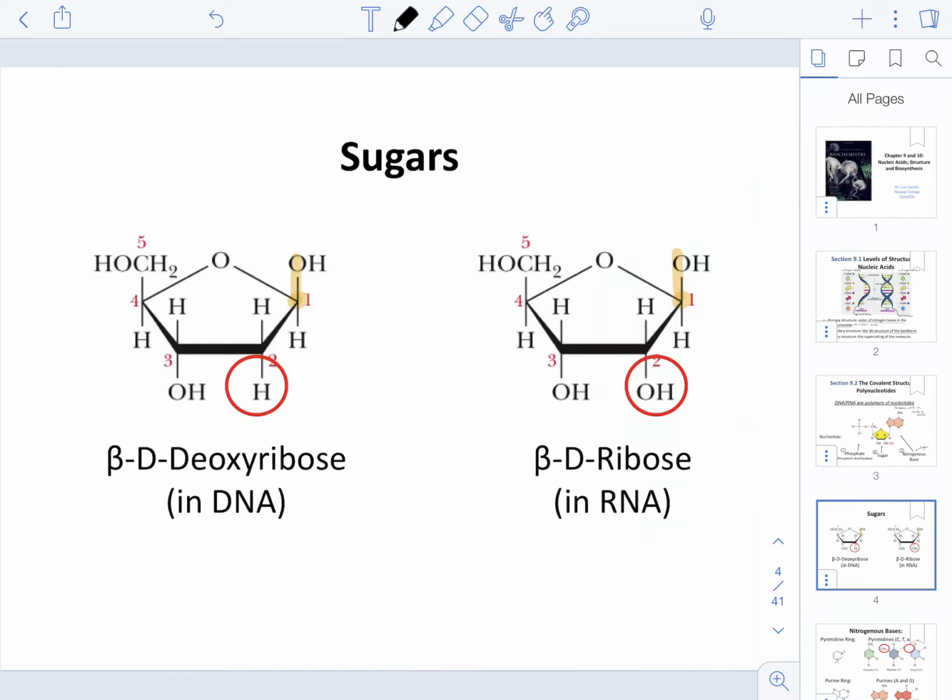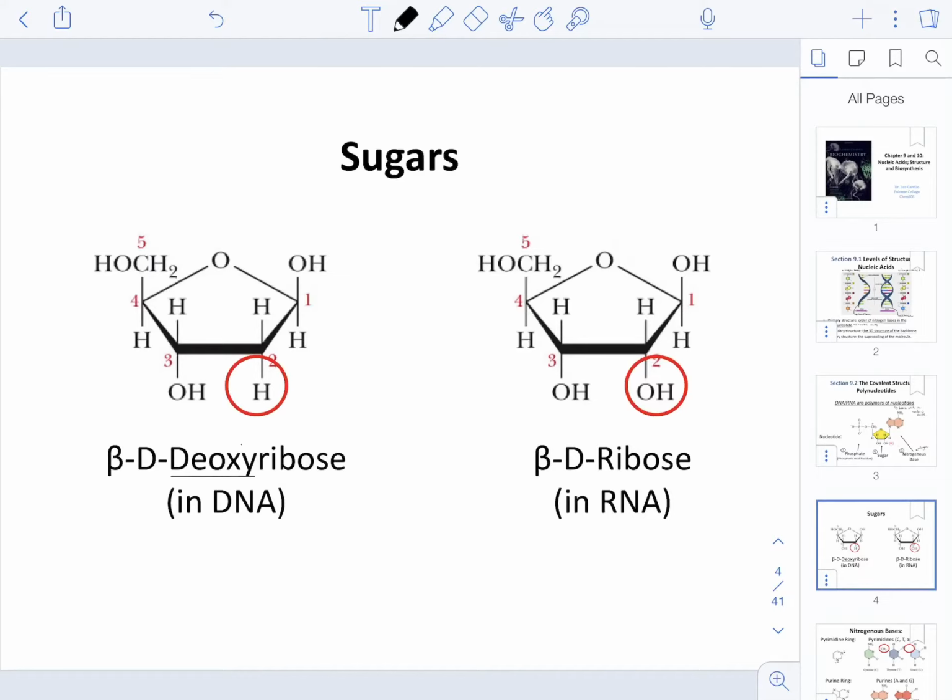When it comes to the sugar motif that is present in DNA and RNA, understand that we have a ribose sugar present in these two nucleotides. The difference is that in DNA, our ribose sugar is deoxy.